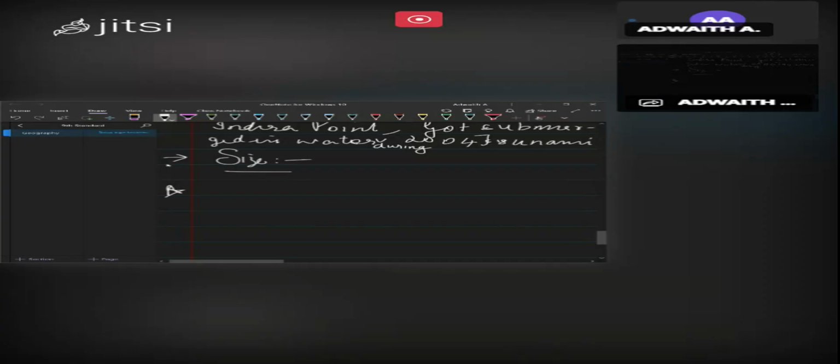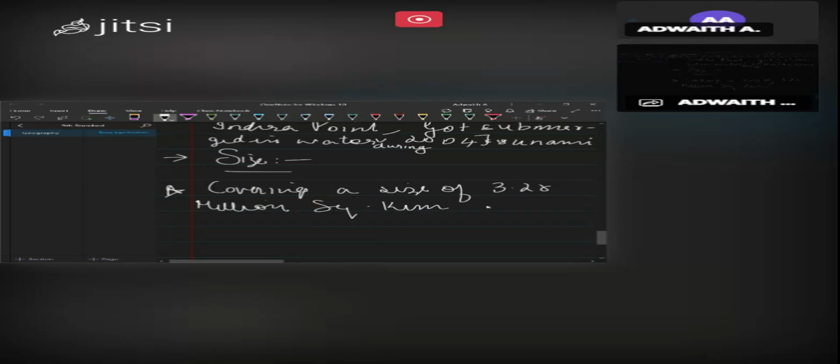India's mainland covers a size of 3.28 million square kilometers, which is 2.4 percent of the total world.